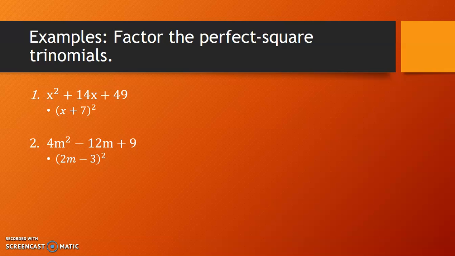Put a minus sign in the middle of them. And then for this one, the square root of 9x squared would be 3x. The square root of 16y squared would be 4y. So we have 3x, 4y, plus sign in the middle because 24 has a plus sign in front of it.